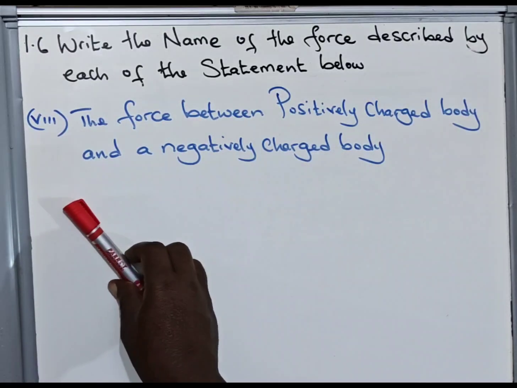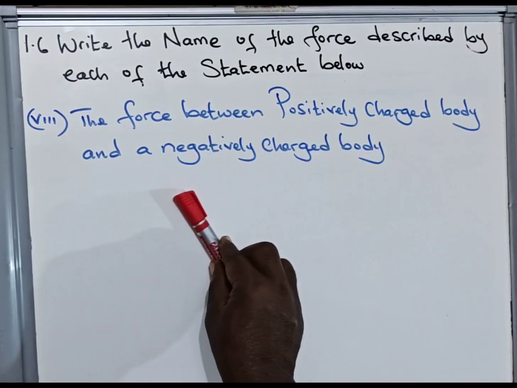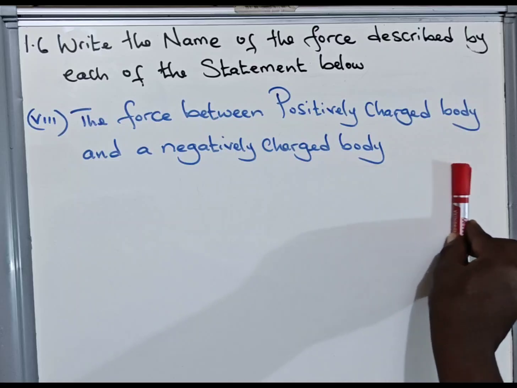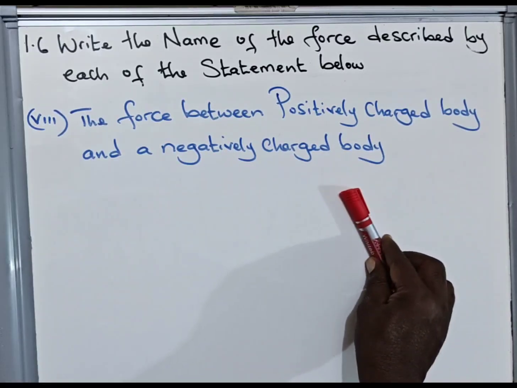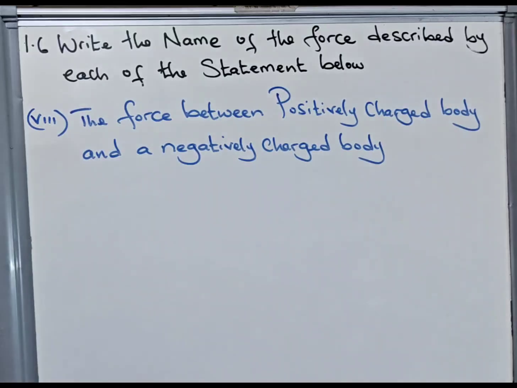Then you come to this one. It says the force between a positively charged body and a negatively charged body. What kind of force is that between two charged bodies? The force is electrostatic force.